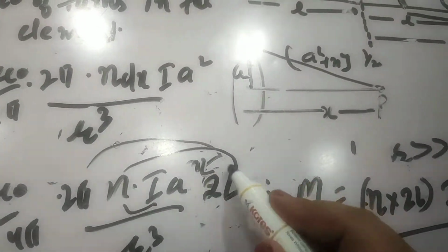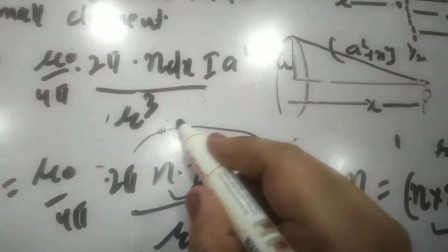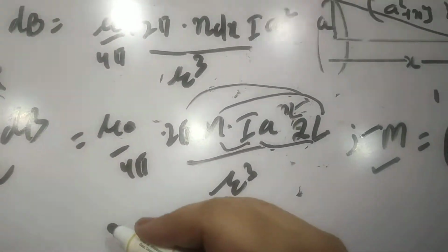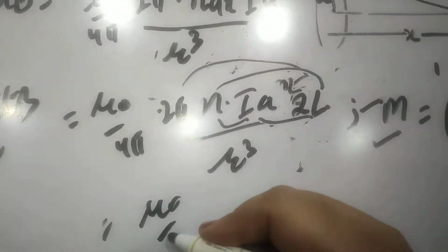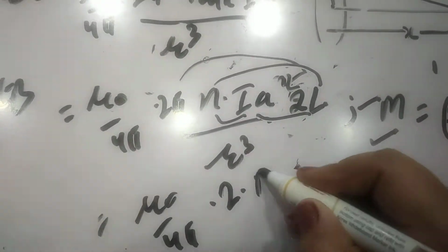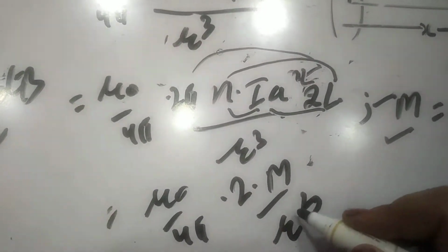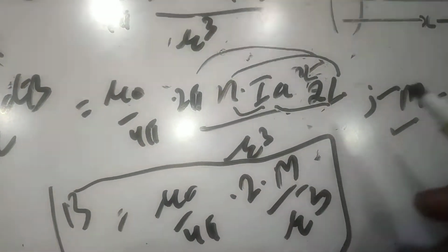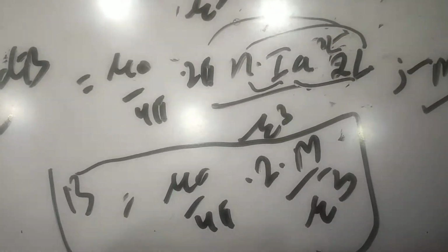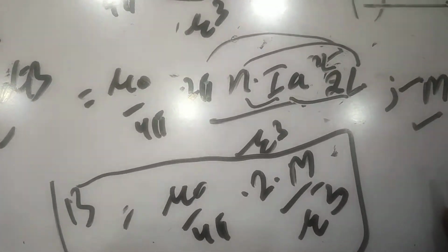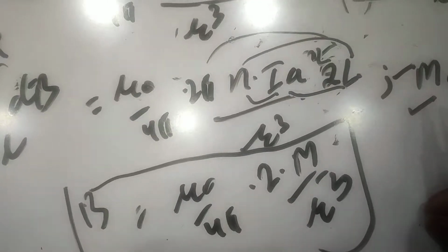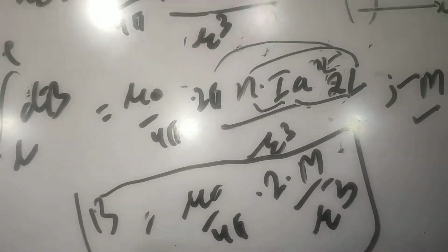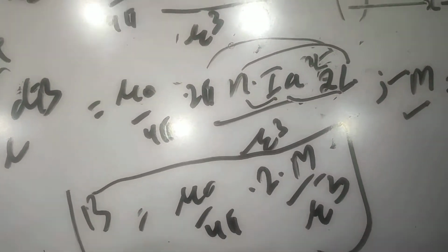All these terms are replaced by M. So what we get here is mu naught upon 4 pi into 2M by r cube. If we compare this formula with the formula for the magnetic field at any point due to a bar magnet, they are exactly the same, which shows that the solenoid behaves as a bar magnet.